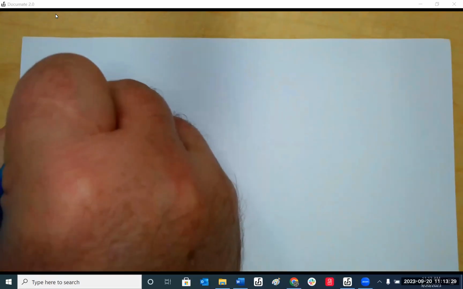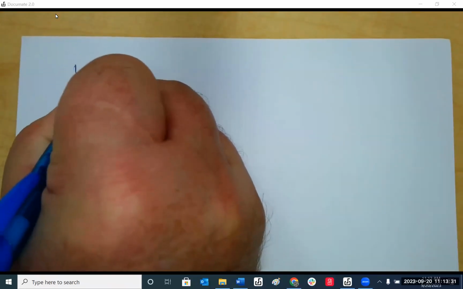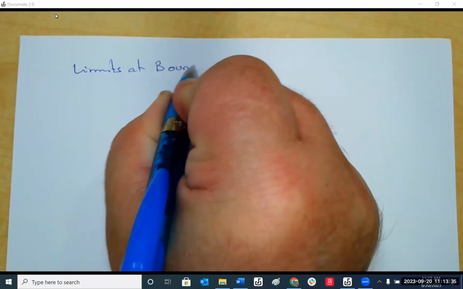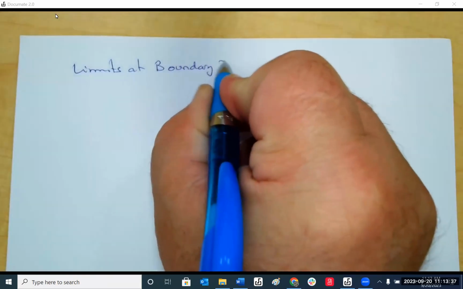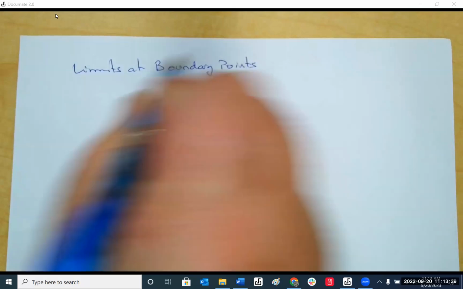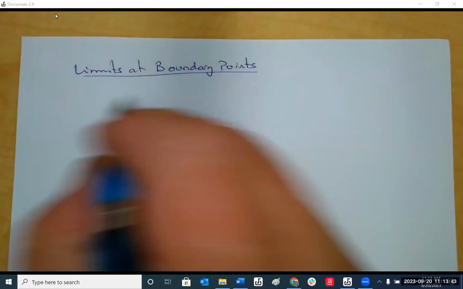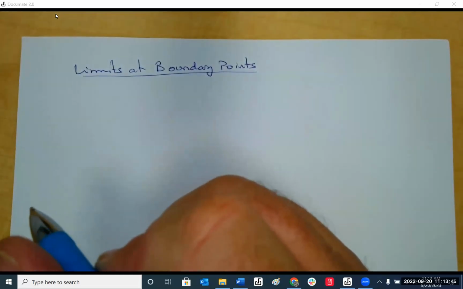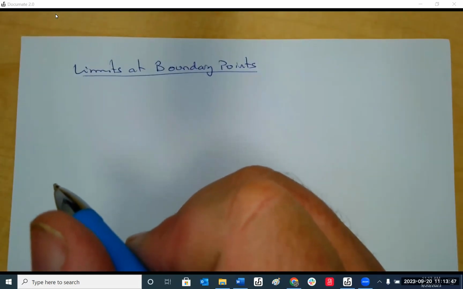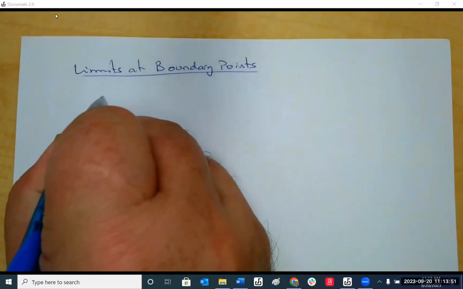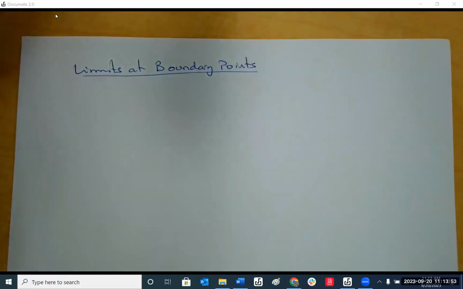So now we're gonna look at limits at boundary points. The easiest way I can show this to you is with an example.